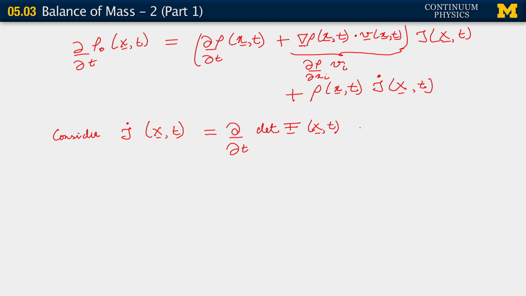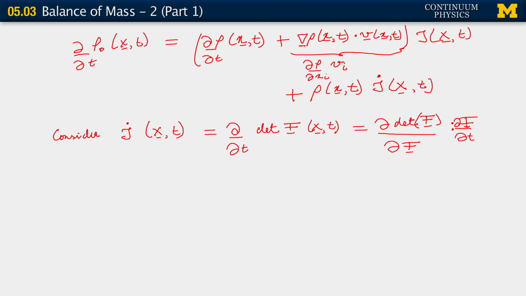Using the chain rule, this is the derivative of this determinant function with respect to F of that function, contracted with the partial of F with respect to time.